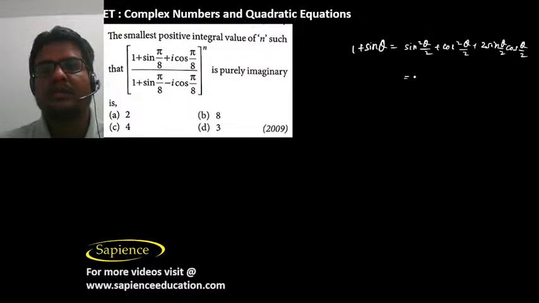So this can be written as sine theta by 2 plus cos theta by 2 whole square.